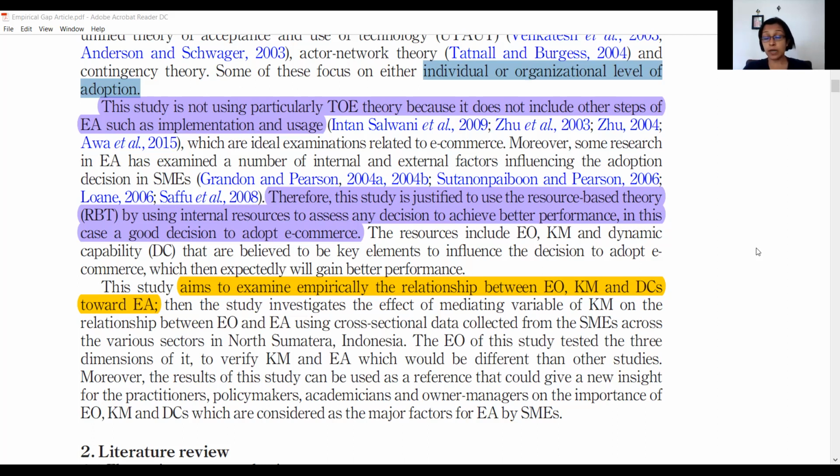Then the research question you can ask: what is the influence of entrepreneurial orientation on e-commerce adoption of SMEs in Sri Lanka? Or you can ask, what are the factors influencing the adoption of e-commerce by SMEs in Sri Lanka, right?